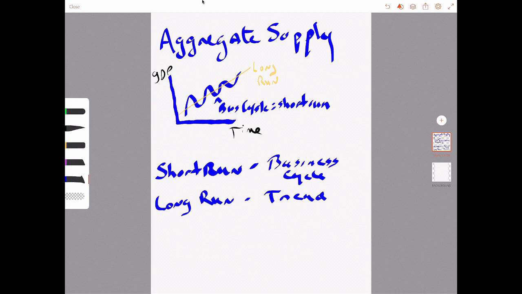that hopefully perpetual upward moving GDP over time. The long run is unique in this analysis because it is representing a condition in the macroeconomy that we call full employment. Full employment, or sometimes this is referred to as the natural rate.